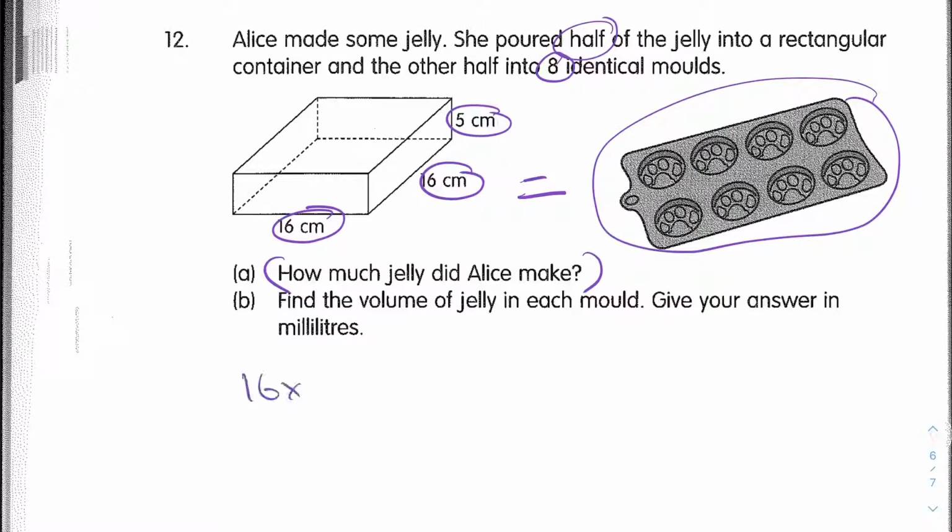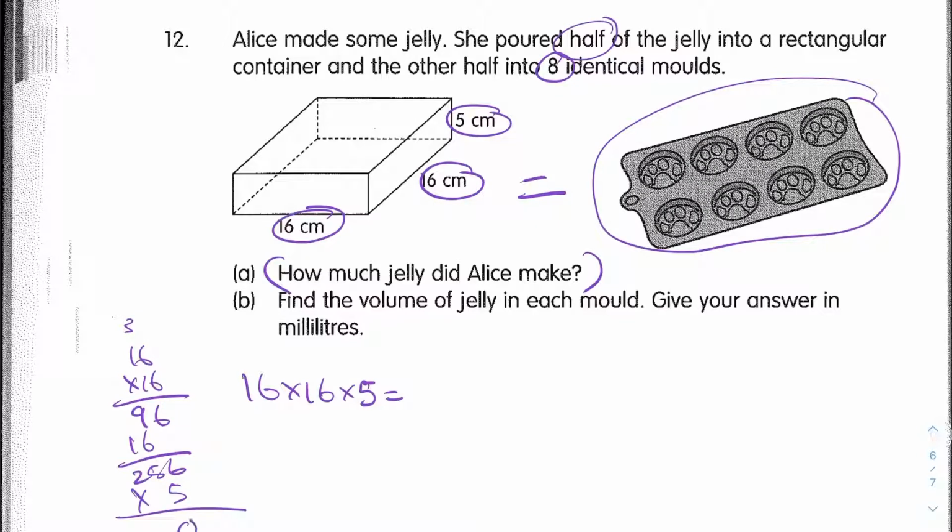So 16 times 16 times 5 would be 256 times 5, which is 1280.